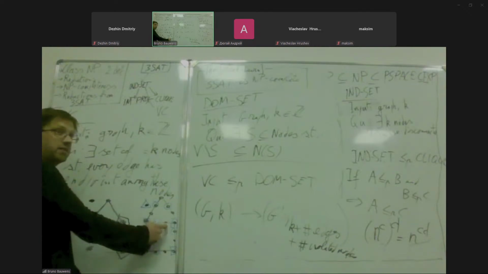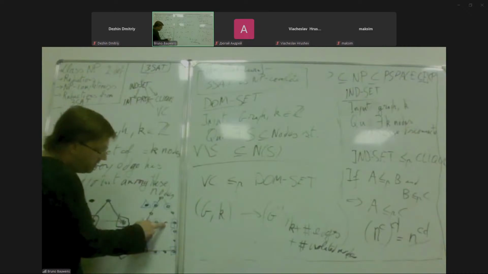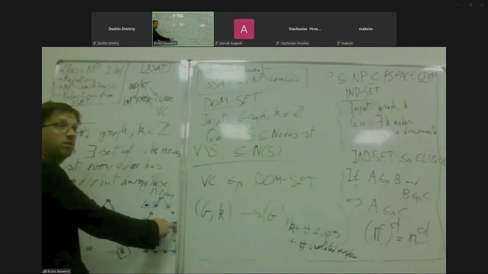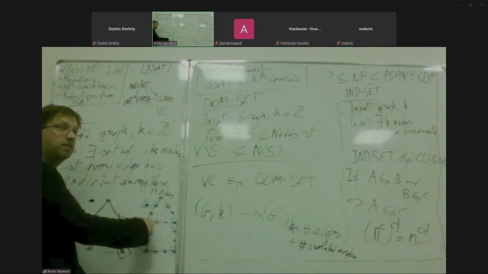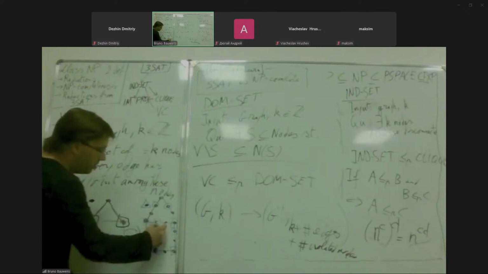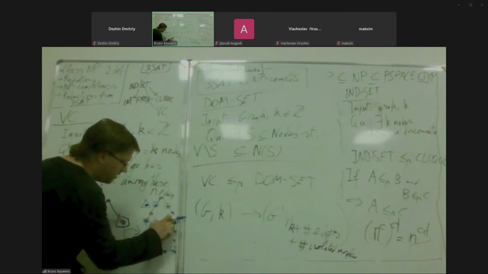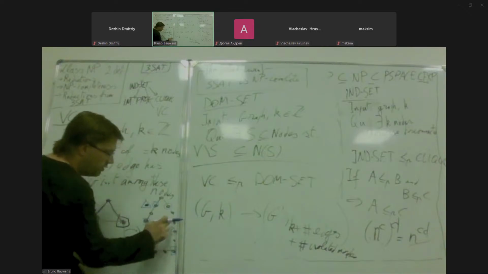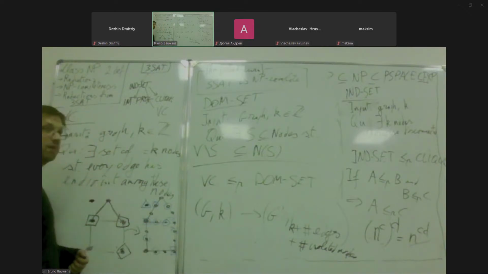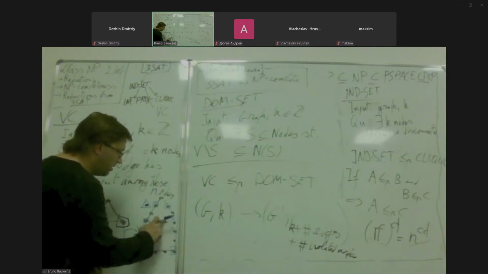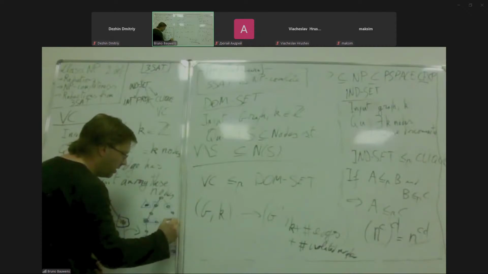If both nodes are selected, then let's move one of the nodes to the side, so that we have exactly one node selected on each edge. It doesn't matter which one we move away. And so we make sure that every edge has precisely one selected node.